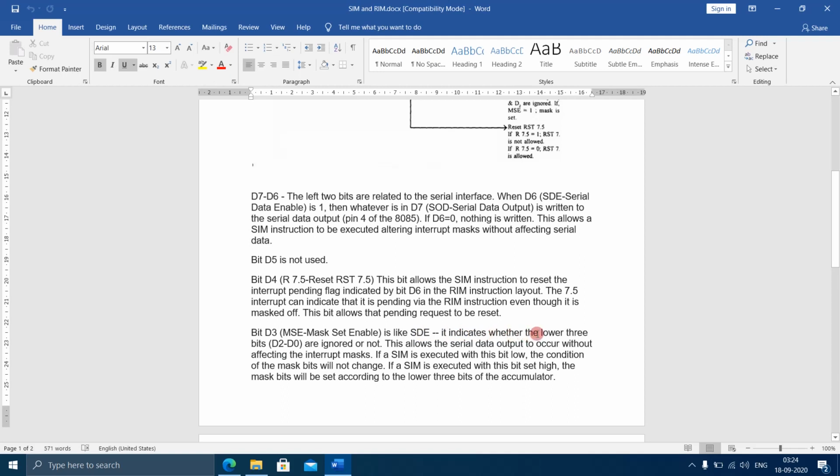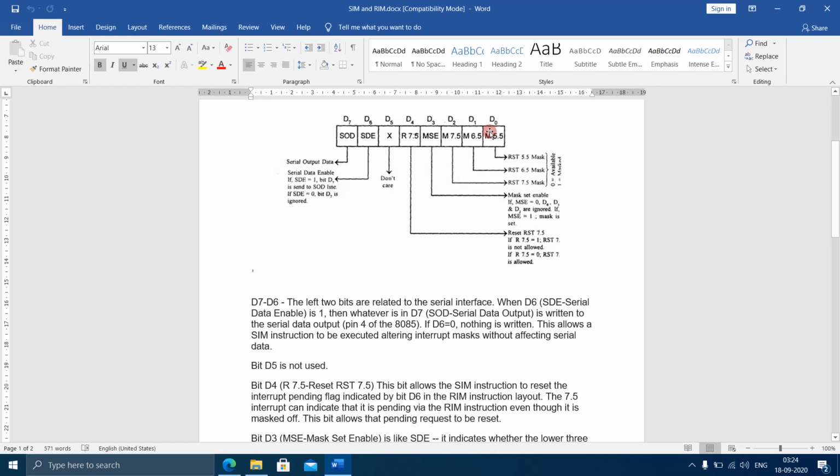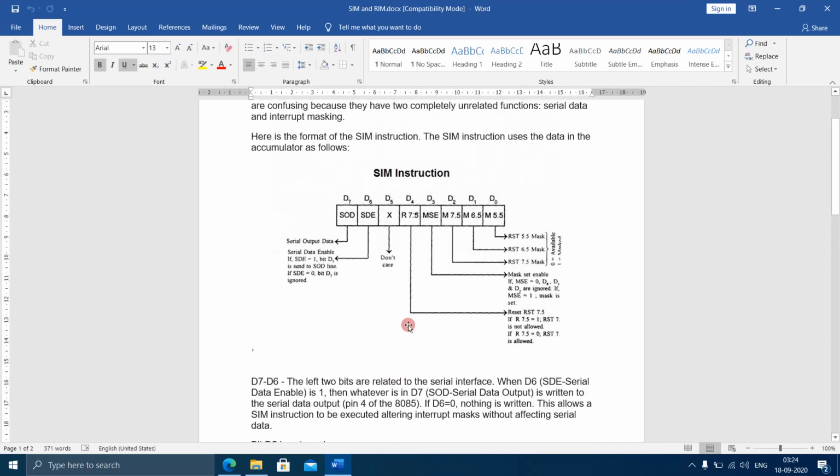It indicates whether the lower three bits, from D2 to D0, are ignored or not. This allows the serial data output to occur without affecting the interrupt masks. MSE will deal with interrupts and SDE will deal with serial output data.